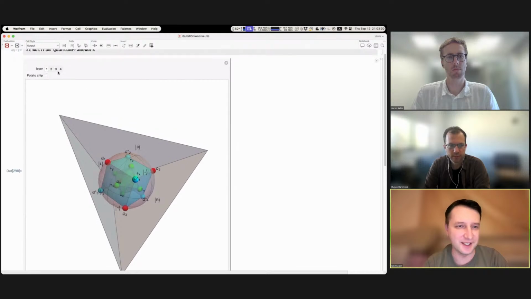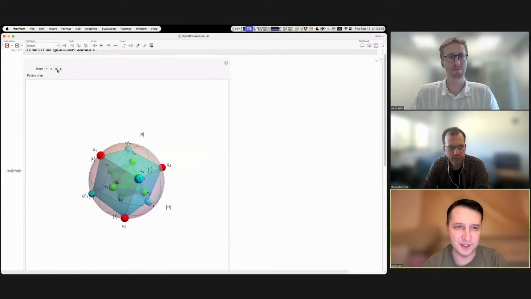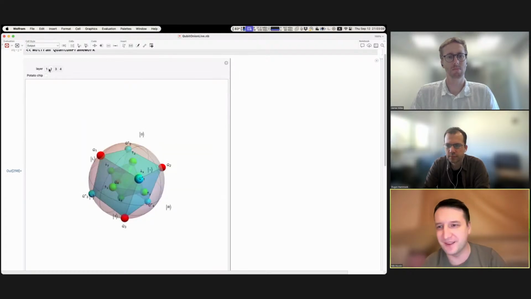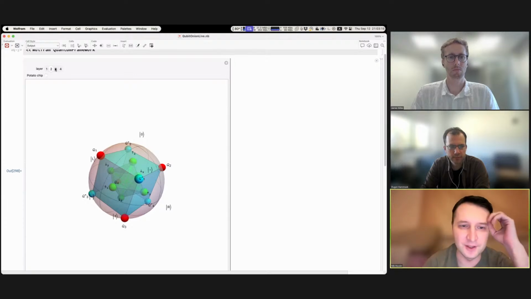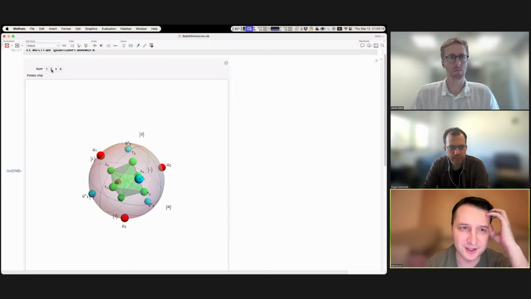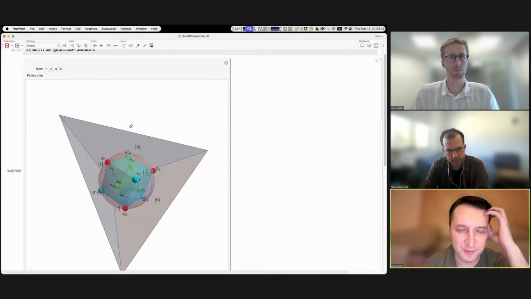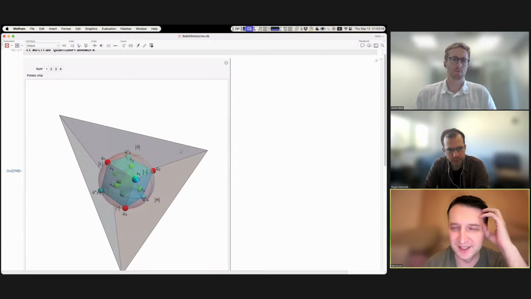I have a nice little Manipulate that you can peel so that we can go one by one, explaining piece by piece what those geometric objects are, even at those points. So there are three Platonic solids besides the Bloch sphere: an octahedron, which is green, this cube, and this octahedron, which we can start with, right?